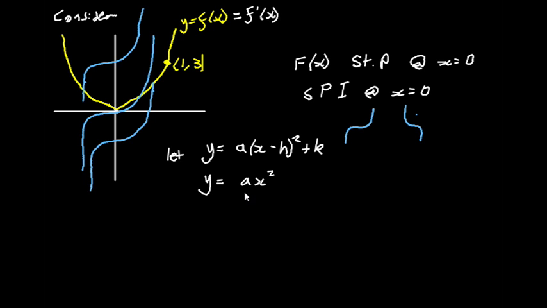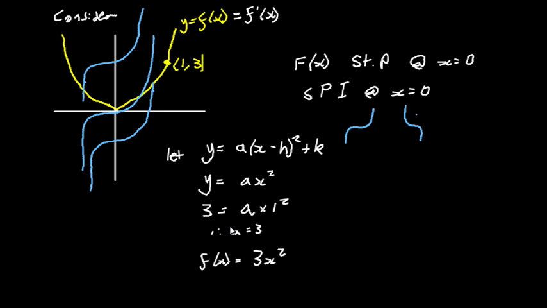To determine the value of a, we can use the point 1, 3. So 3 is a times 1 squared. So we can say a is 3. So our f of x is going to be 3x squared. So that's all we need for part C.